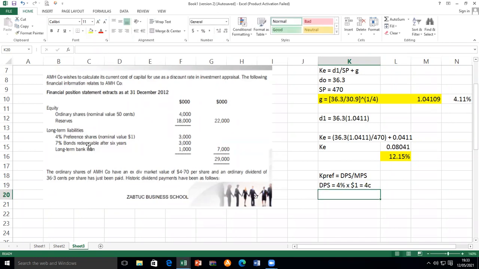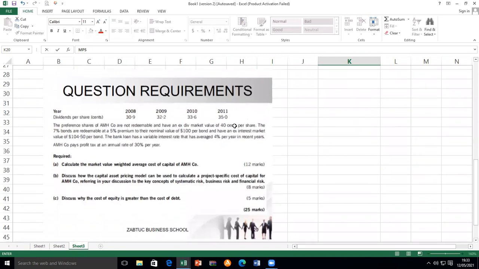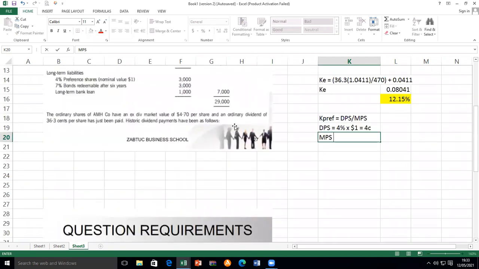What of the market price? Market price is given here. The preference shares are not redeemable and have an ex-interest market value of 40 cents. So the value is 40 cents.